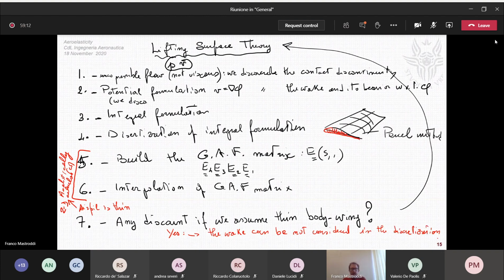And instead of building two separated matrices, E3 and E2, these two here, we can consider a unique matrix.